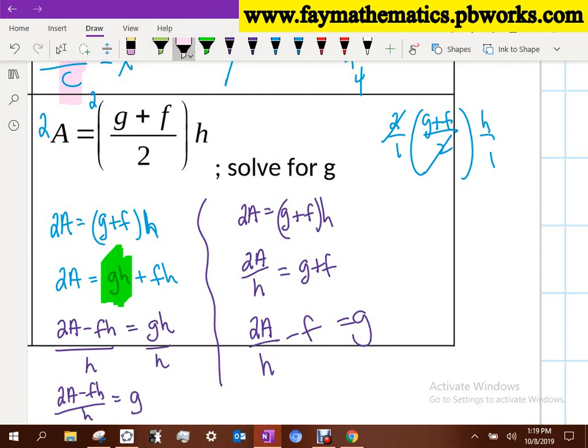Now, here's my question. Does that look different than that? Yeah. Looks different, right? Okay. But same thing. Why? Because they're meant to represent the same fraction.